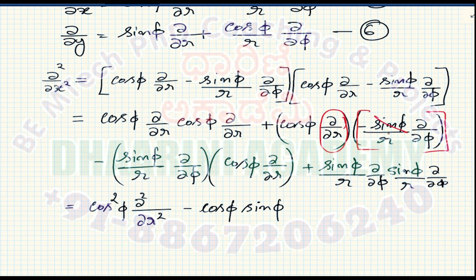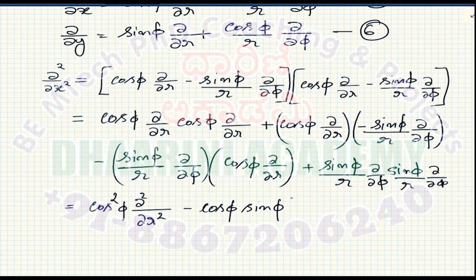There is no sin phi, just remember. Minus also has gone out. There is 1 by r dou by dou phi. Take it as a product. 1 by r is u, dou by dou phi is v. Differentiation of u and v as a product is u into differentiation of v plus v into differentiation of u. I just have to apply that carefully now.